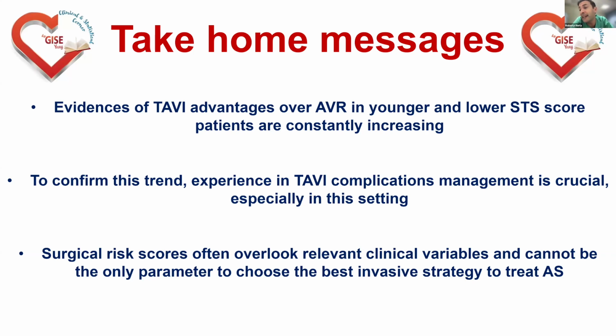Especially because many times we know that the risk scores often overlook relevant clinical variables. We are speaking about surgical risk, but we should speak about TAVI risk now. There are features that have to be taken into account when performing a TAVI that are not in the surgical scores.